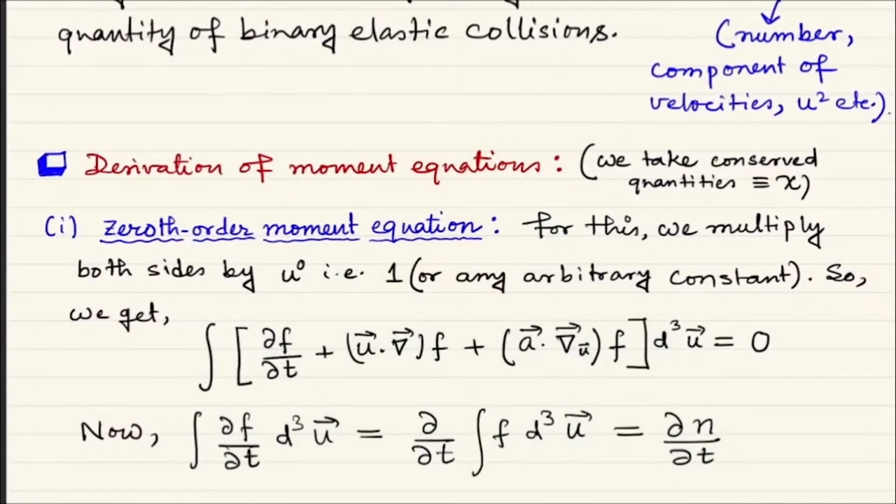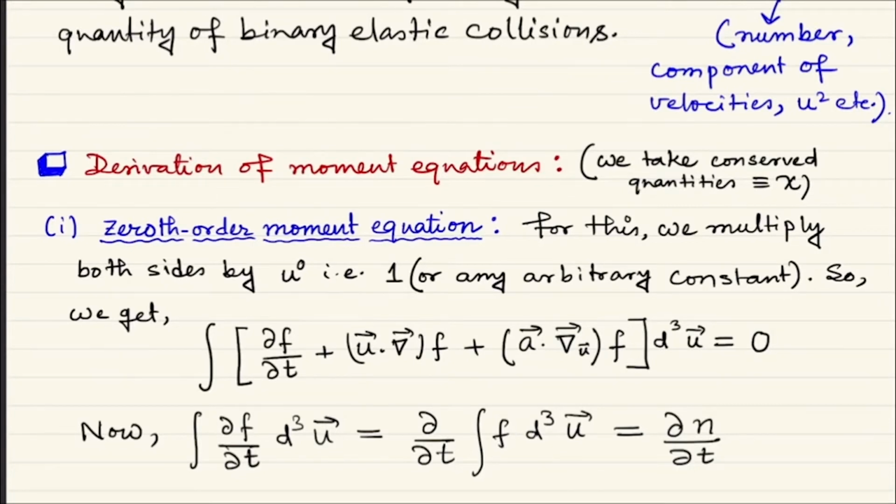So first you see that we start by deriving the zeroth order moment equation. That's quite automatic, and zeroth order means velocity to the power 0. This is nothing but 1, simply the conserved quantity.